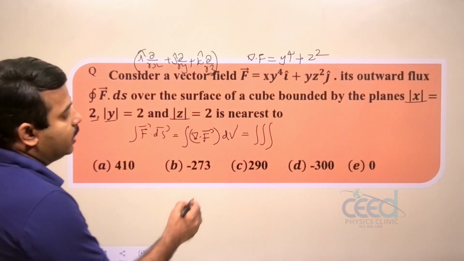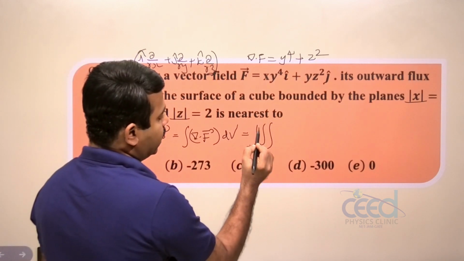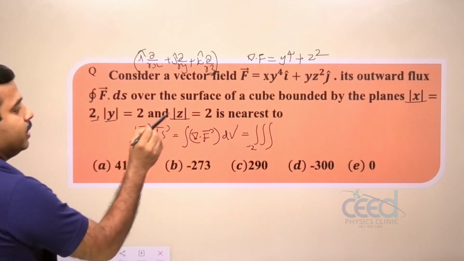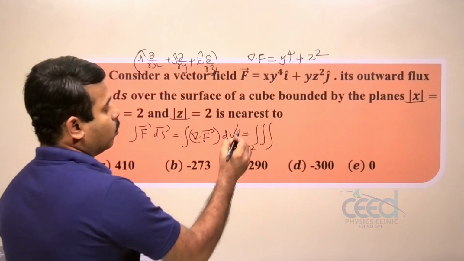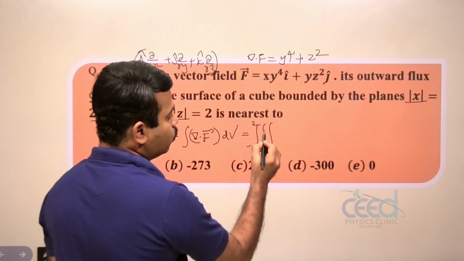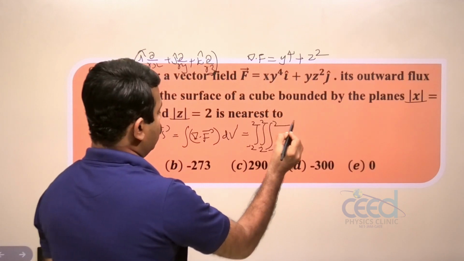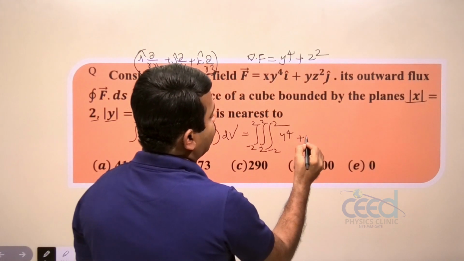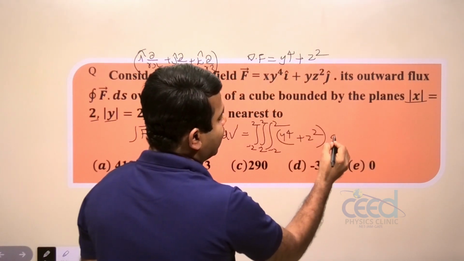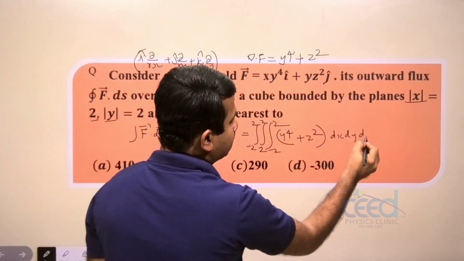Then we can choose the integral for x, y, z, all with this range: minus 2 to 2, minus 2 to 2, minus 2 to 2. The divergence we calculated is y^4 + z^2, dx dy dz.